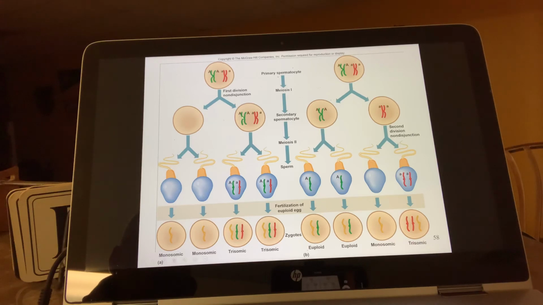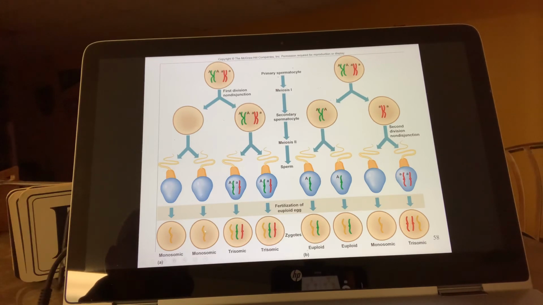The centromeres then split, and you end up with two of the spermatozoa having an extra chromosome, being trisomic, and two of the spermatozoa having one less chromosome.